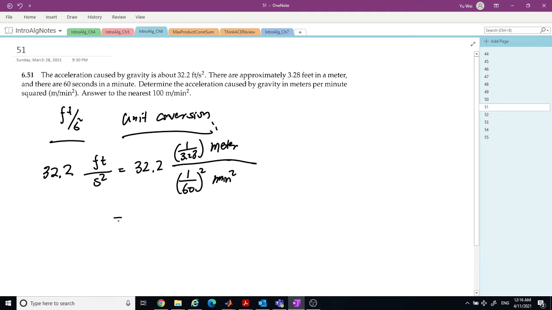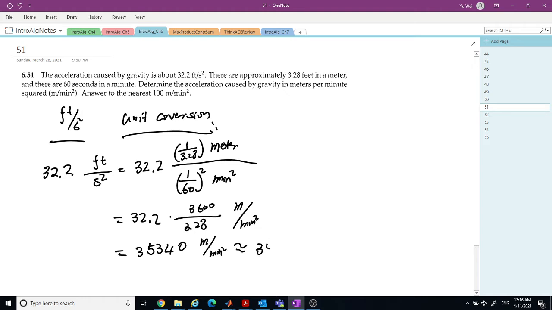Okay, so then this equals 32.2 times 3600 over 3.28 meters per minute squared, which is equal to 35340 meters per minute squared. That's somewhere around 35300, to the nearest 100.